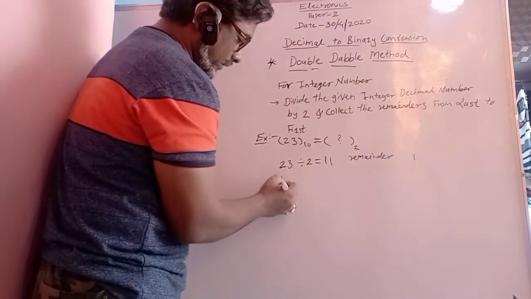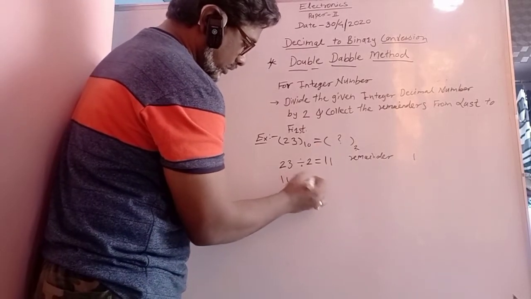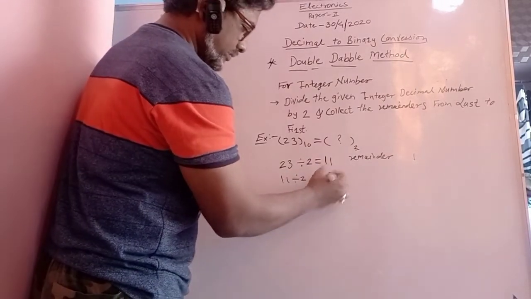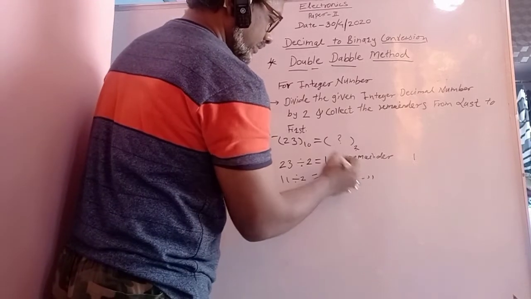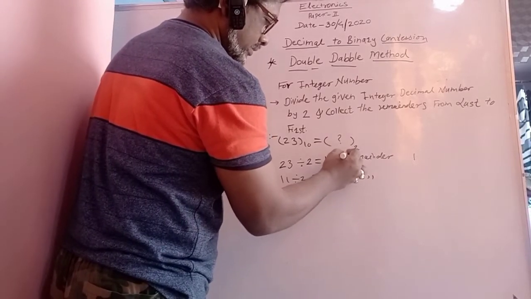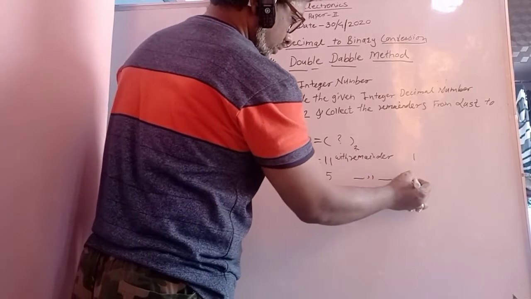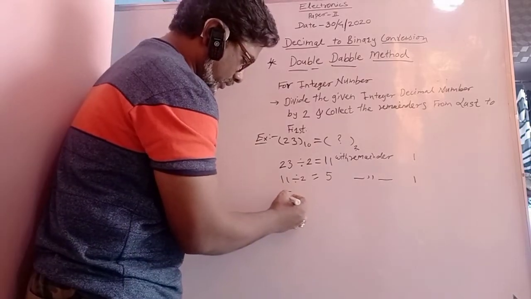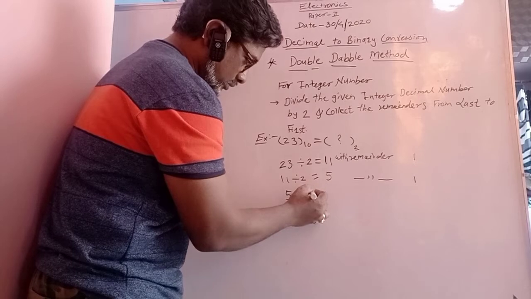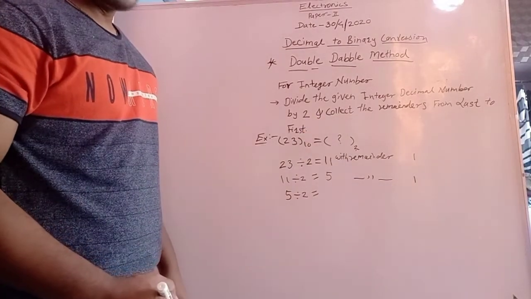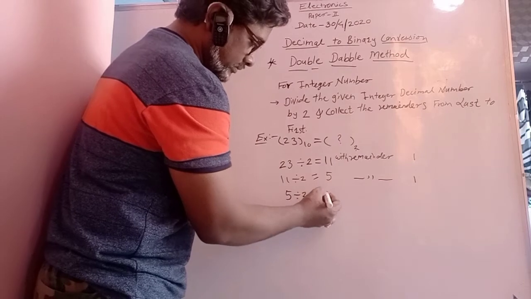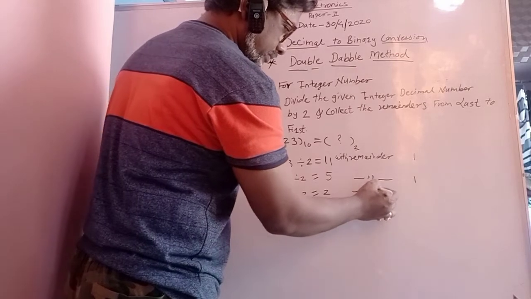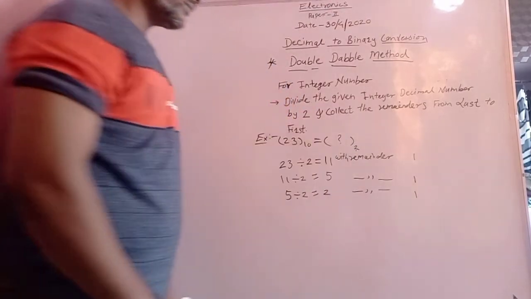Again you have to divide 11 by 2. So you will get 5 with remainder 1. Then again divide 5 by 2, then it is 2 with remainder 1.